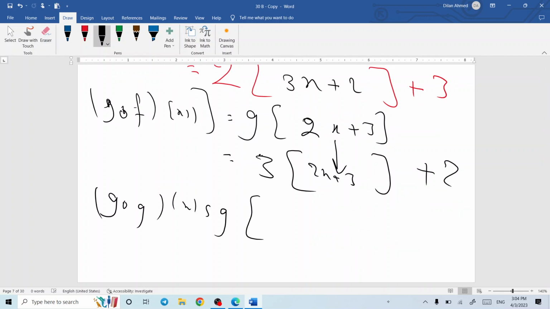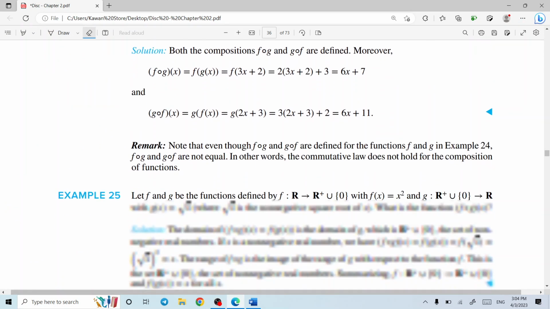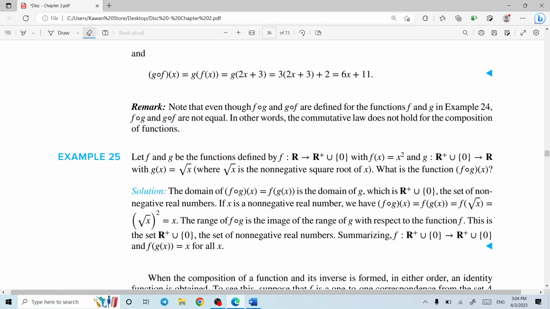So G is 3x plus 2. Again, 3x plus 2. You got it? Just multiply. Now, to be good at examples, try to solve that one at home. It's easy. We have x squared, we have a square root. So find G circle F, F circle G, G circle G, F circle F, and all of them.